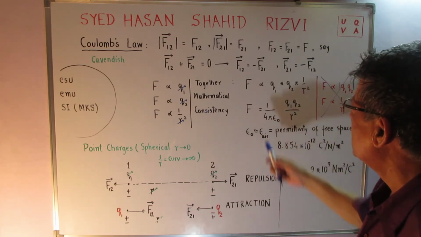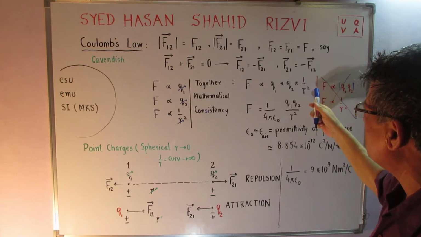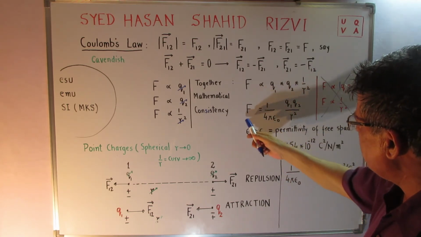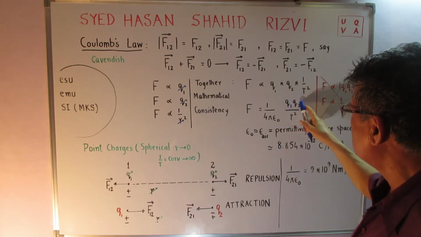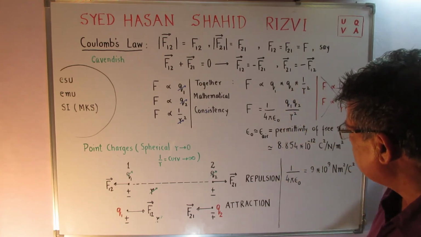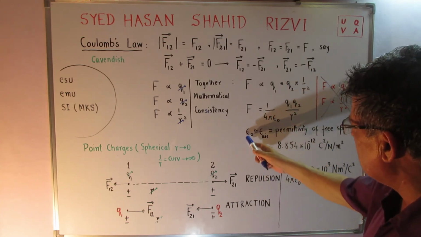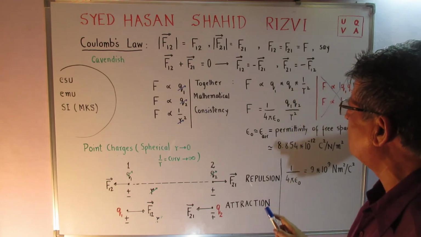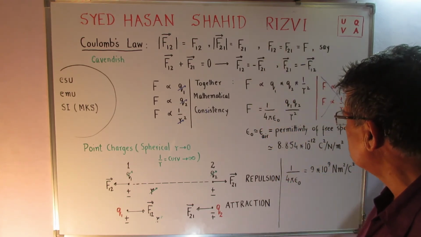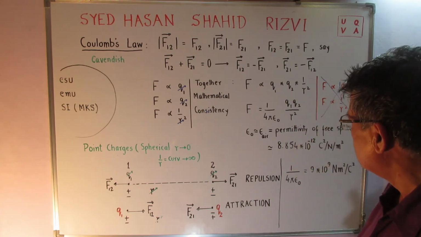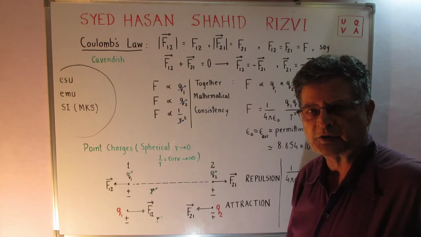So anyway, F is proportional to the product Q1, Q2 into 1 upon R square, and F therefore is equal to a constant times Q1, Q2 upon R square. This constant I am writing as 1 upon 4 pi epsilon naught, where epsilon naught is approximately equal to the epsilon for air, and it is called the permittivity of free space.